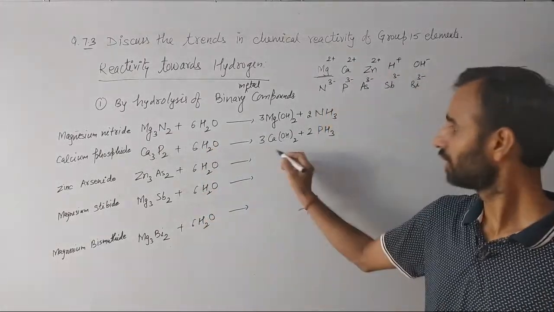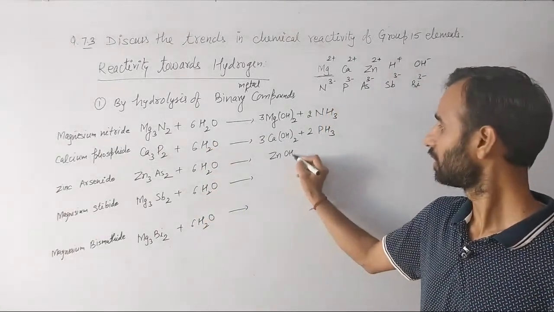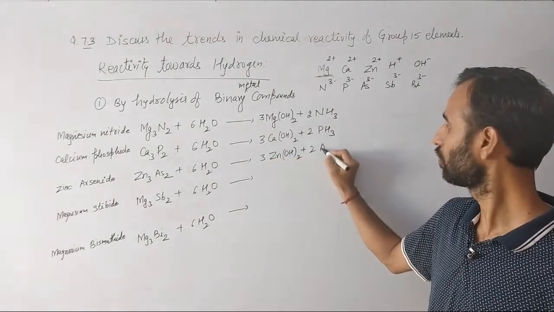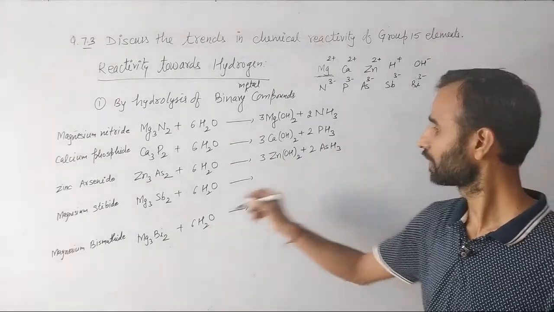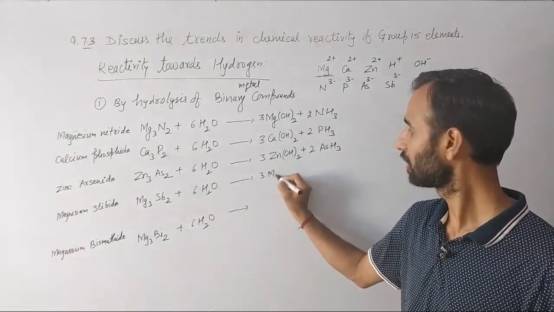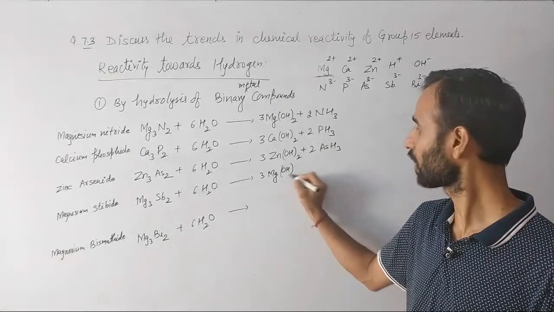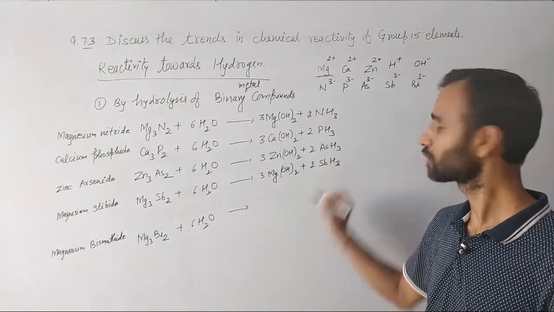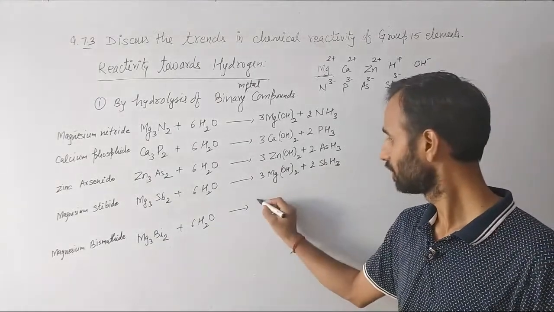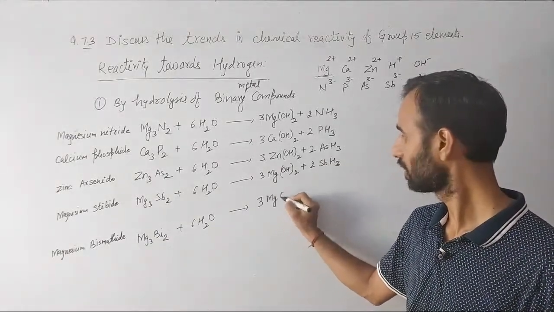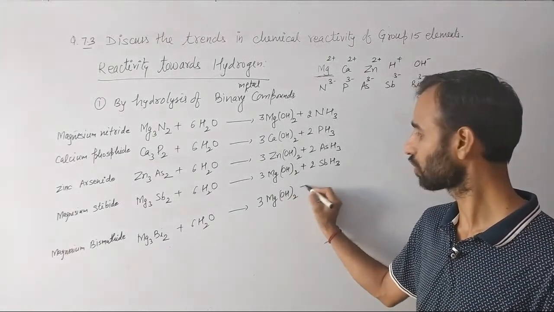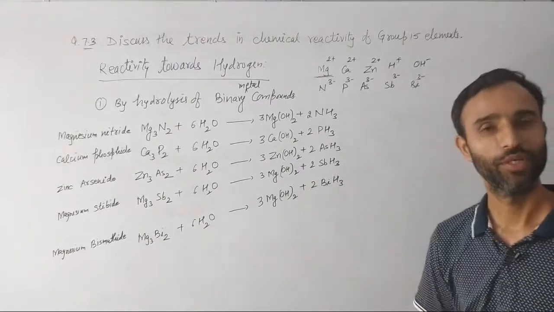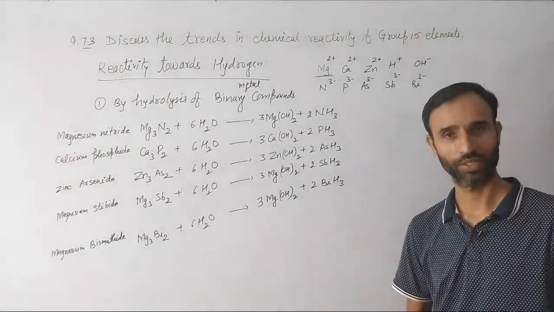Reason being they are of the same category. 2 AsH3, 3 Mg(OH) twice, 2 SbH3, 3 Mg(OH) twice and 2 BiH3. So these are the products formed.